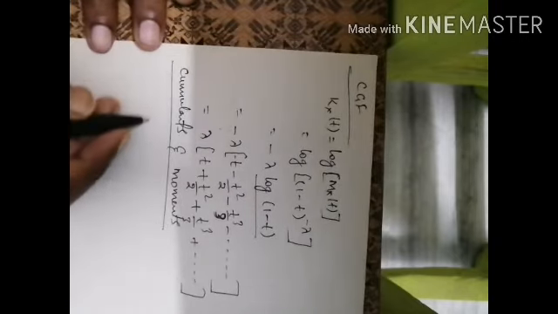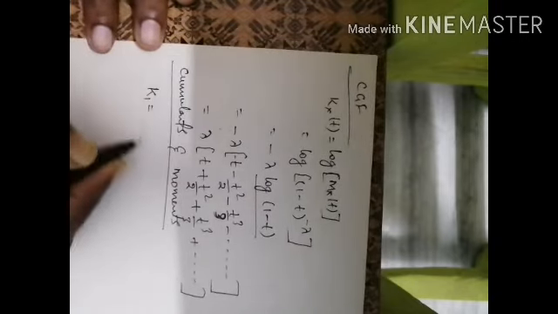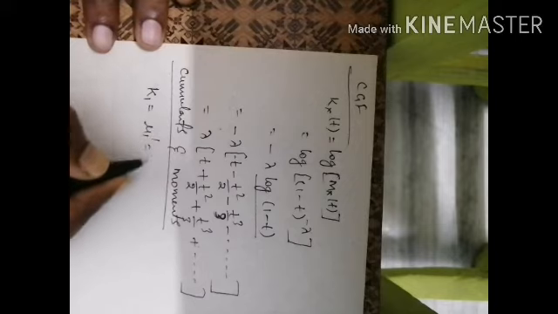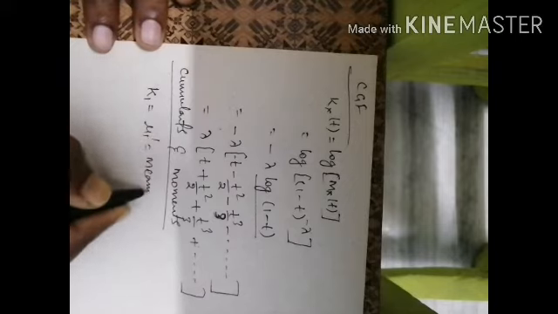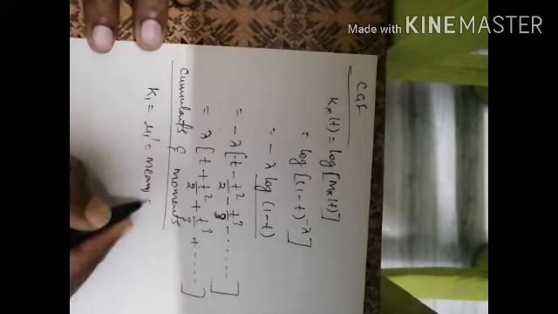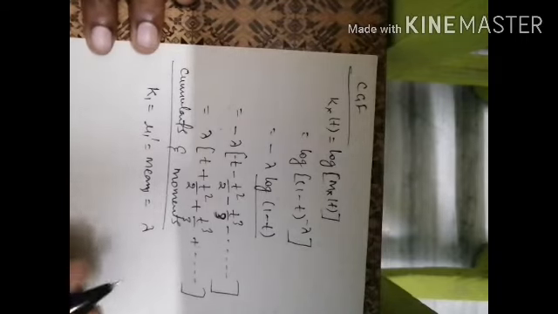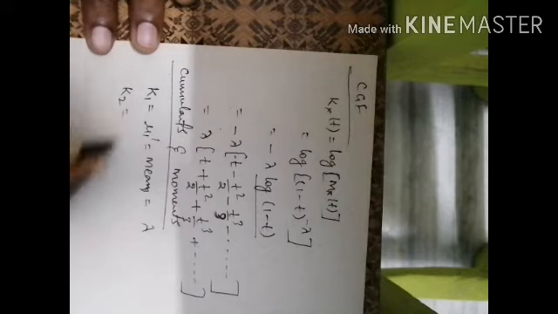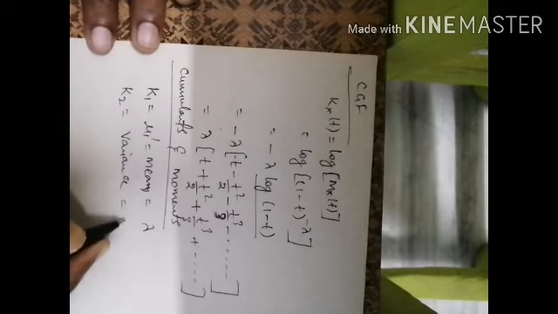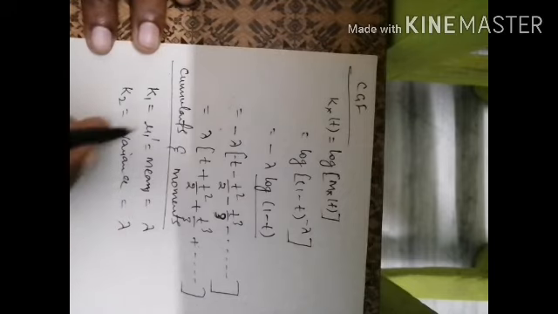So what is k1? k1 is nothing but mu1 dash, or the mean, that is equal to lambda. k2 is nothing but the variance, that is also lambda.